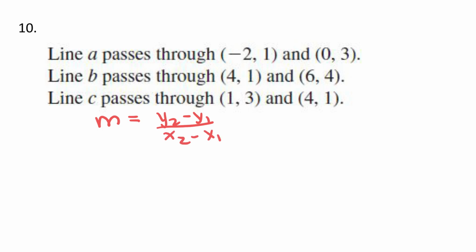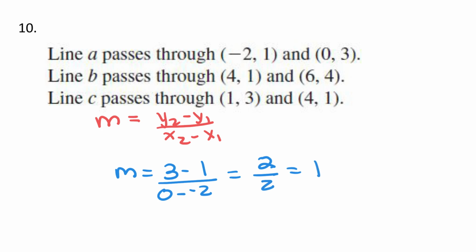So for the slope of line A, m is equal to 3 minus 1 over 0 minus negative 2, which is 2 over positive 2, which is 1. So the slope of line A is equal to 1.